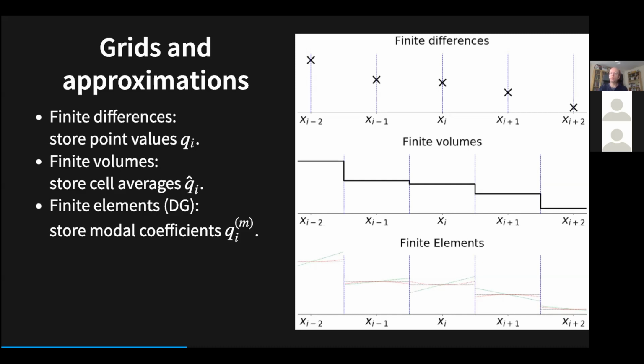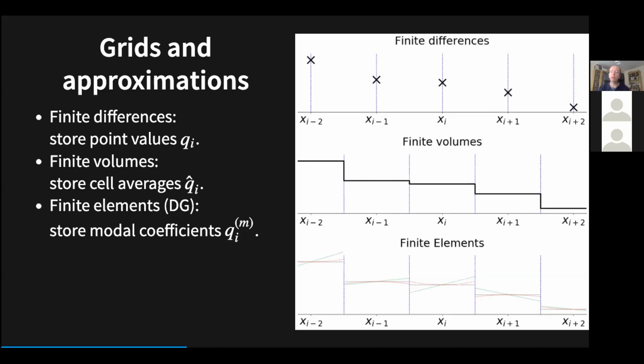For example, we could assume that the solution is given by straight line interpolation between each of these points. As soon as we have made that assumption, we immediately know the values of, for example, the derivatives everywhere, because we can compute that from our assumed interpolating polynomial.